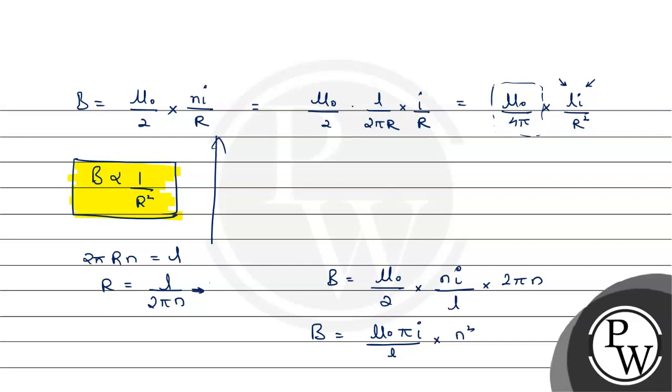So we can see that B is directly proportional to N square. Let's highlight it here. This is the relation between B and N.